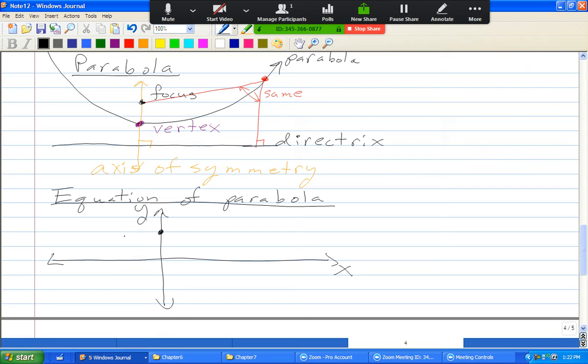The focus here is at the point (0, p). I'm not assuming p here is greater than 0. I've just drawn it as if it were, but I'm not assuming that it's greater than 0. And suppose that the directrix is the line y equals negative p. And so the parabola is such that its vertex is at the origin.